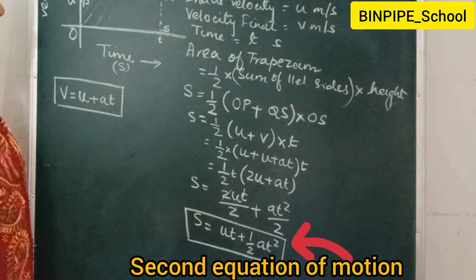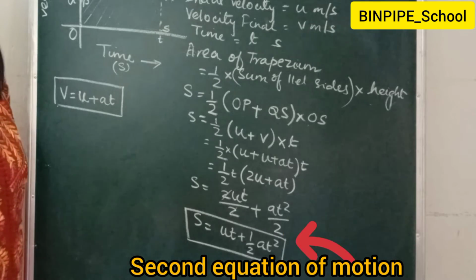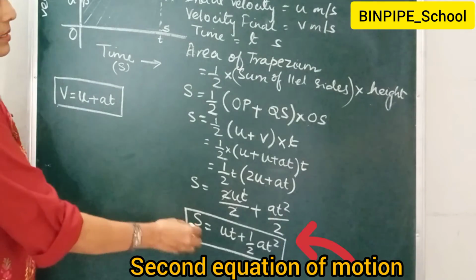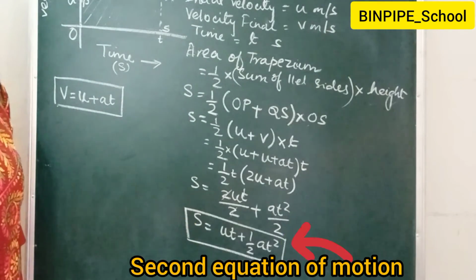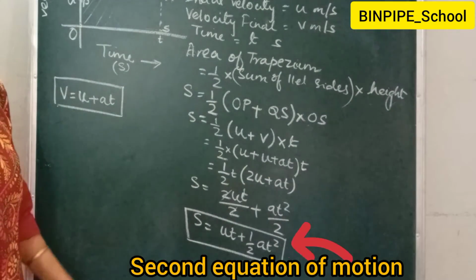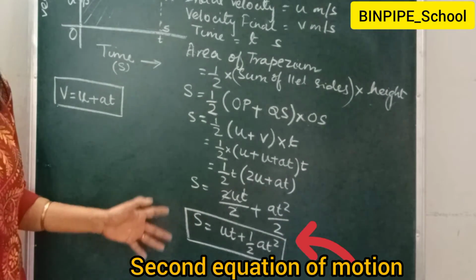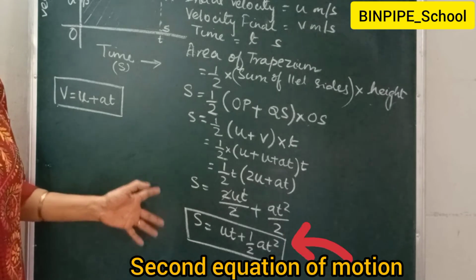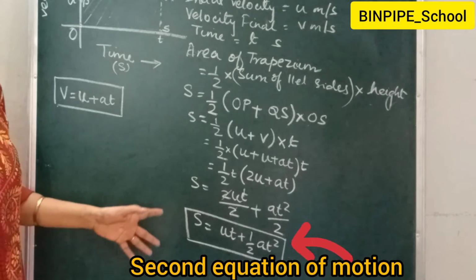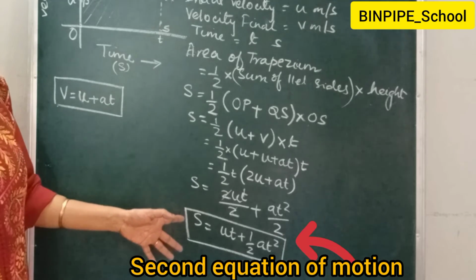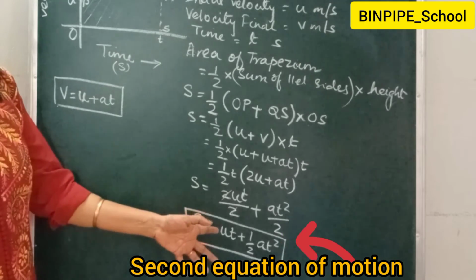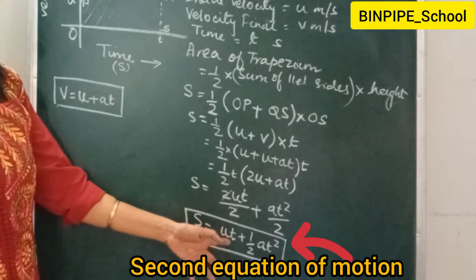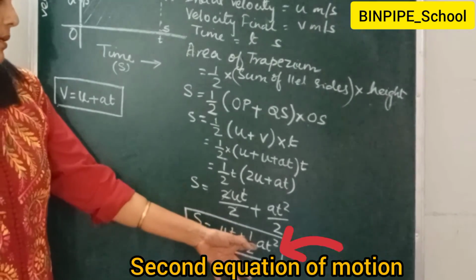The area of the trapezium helps us to derive the formula S is equal to UT plus half AT square. Now using this second equation of motion, we can get any one of the parameters if the other three parameters are known, that is distance, initial velocity, time and acceleration.